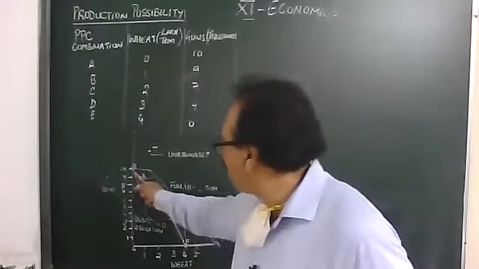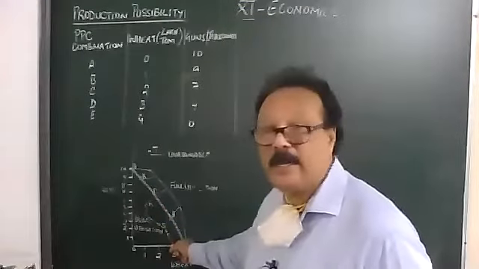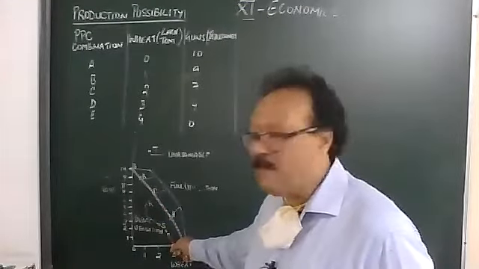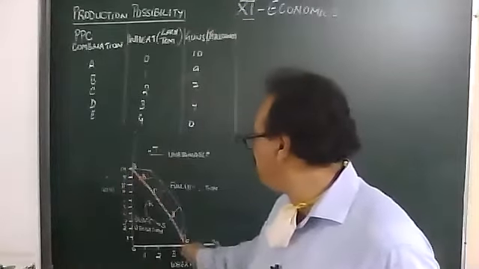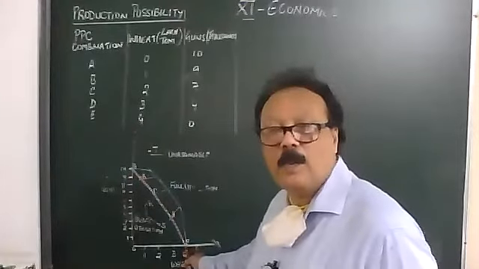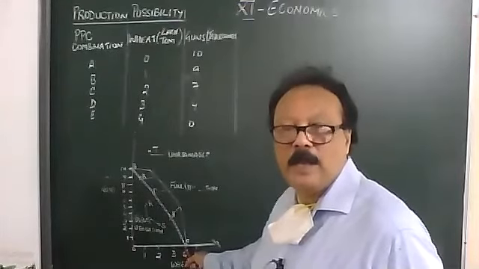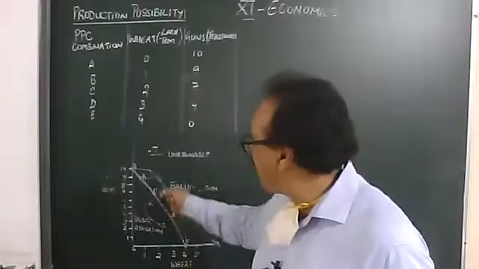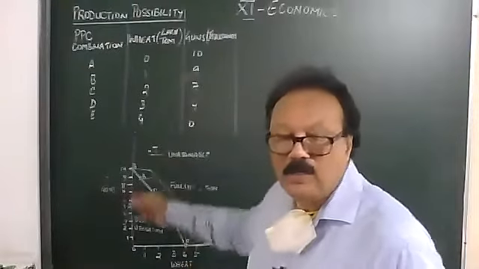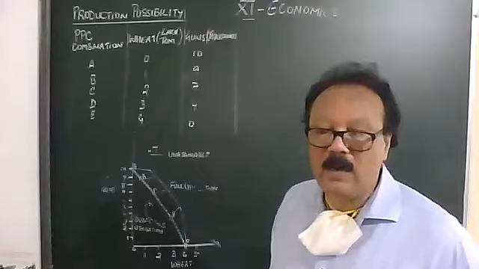So we spoke about points on the PPC. We spoke about points inside the PPC. What happens if there's a point like T, which is outside the scope of PPC? What does this mean? Write down: any point outside the PPC, like point T, shows an unattainable combination.